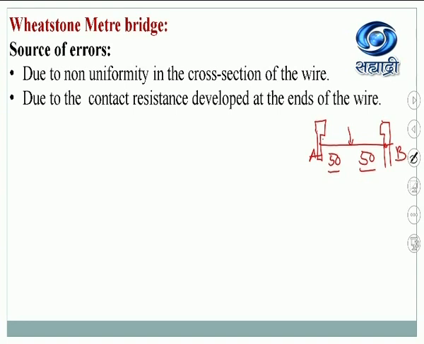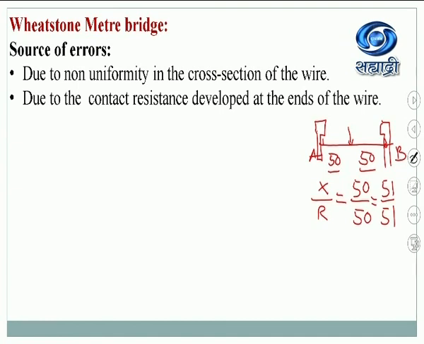Suppose there is a contact resistance of say 1 ohm on either side of the wire. Without contact resistance, X upon R is 50 upon 50, considering 50 centimeter length with 1 ohm per centimeter resistance. If we consider the contact resistance of 1 ohm, it will be 51 divided by 51. That doesn't change the value of X by R.